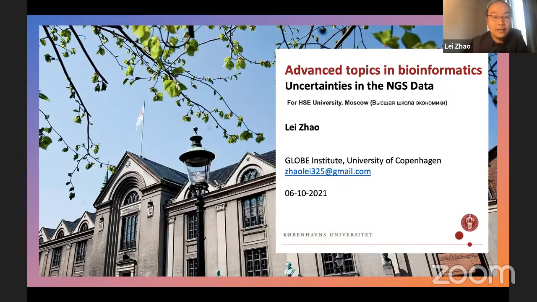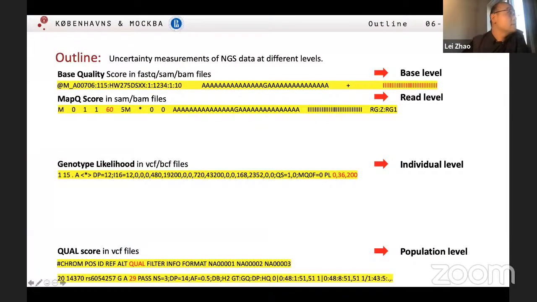Today I will mainly talk about the uncertainties in the NGS data. So here's the outline for my talk. Basically we will touch the concepts of the base quality, MapQ score, genotype likelihood, and the QUAL score. For the base quality score, you can find it in the FASTQ file, SAM file, and BAM file.